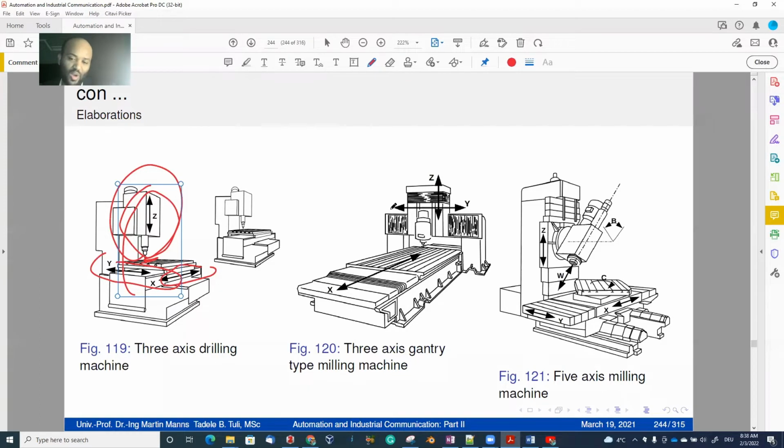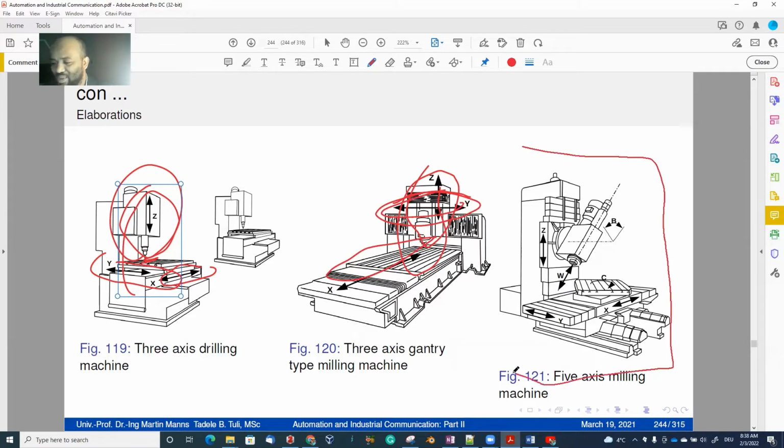Gantry is where all axes are translating, and in this situation, you have to assign, along the motor axis where you have the tool, at least the x-axis, z-axis, sorry, and you have to assign the longer one with the x-axis and the shorter one with the y-axis.